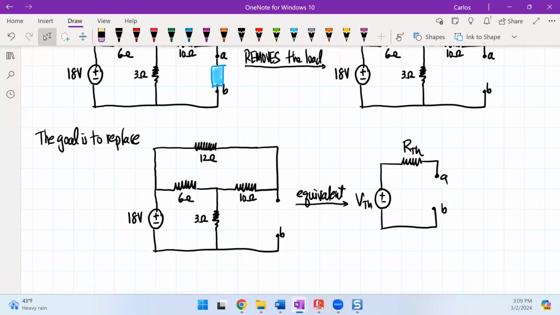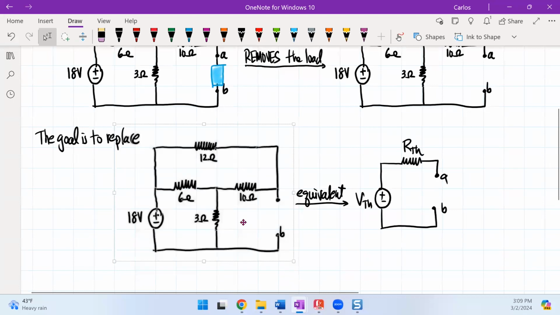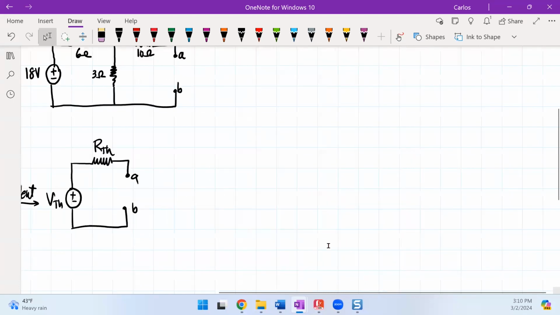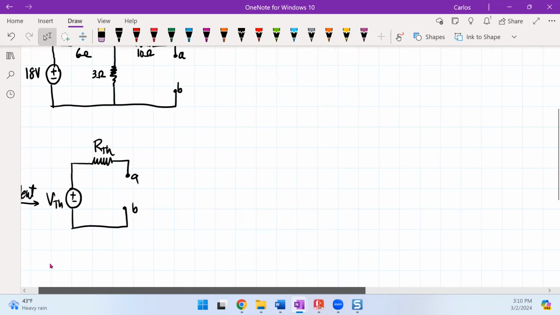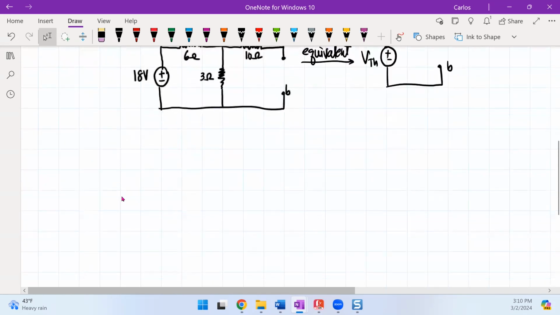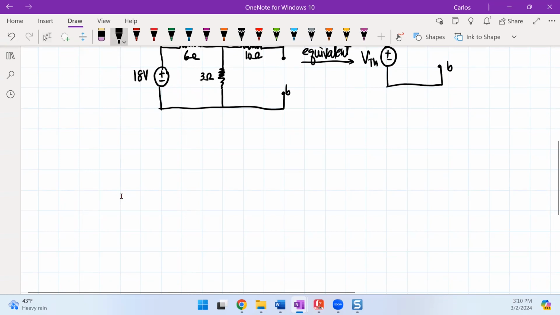So now I have my circuit, and I'm going to copy this and deal with the circuit here. So here we go. Let's go through the Thevenin steps.